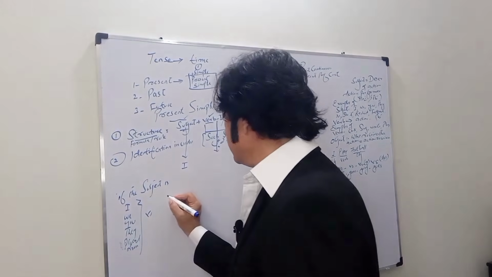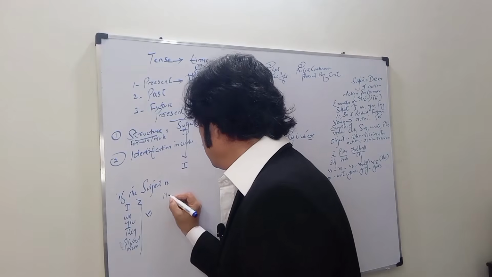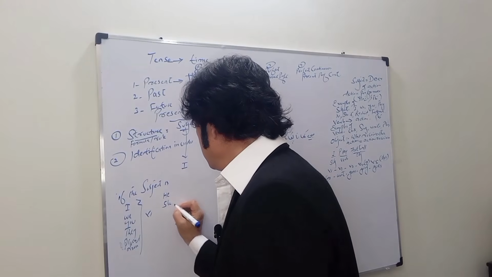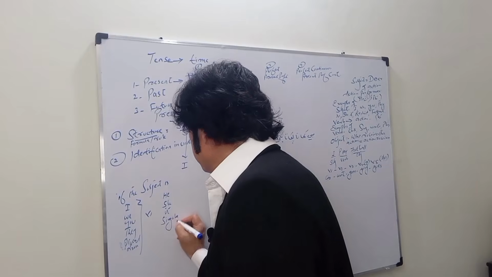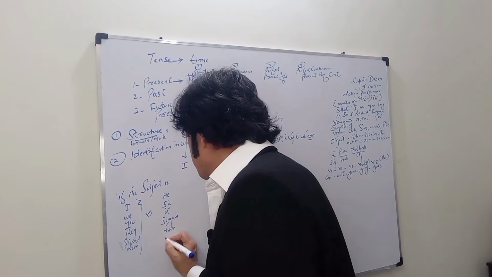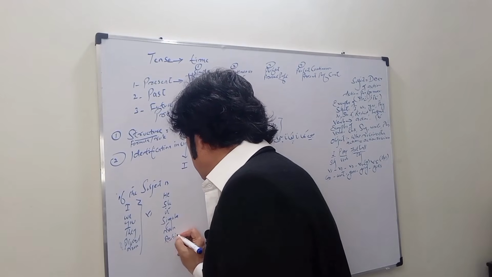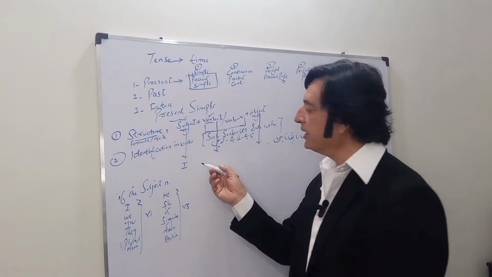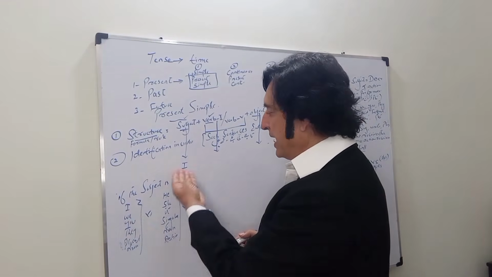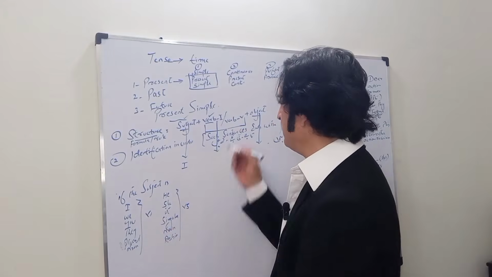And if the subject is he, she, it, or a singular noun, one name, like Rashid or Fatima, we take the verb fifth form. Very easy. So here we have I, and we take the verb first form.